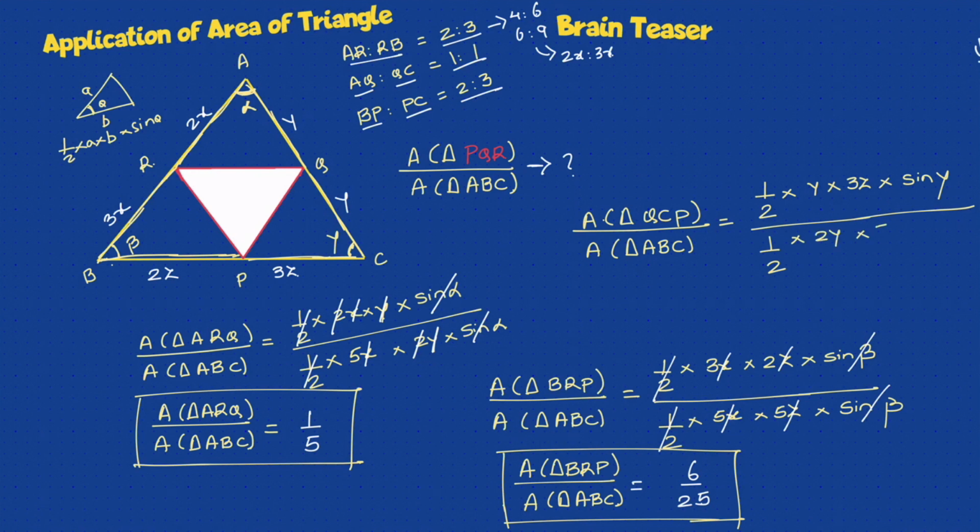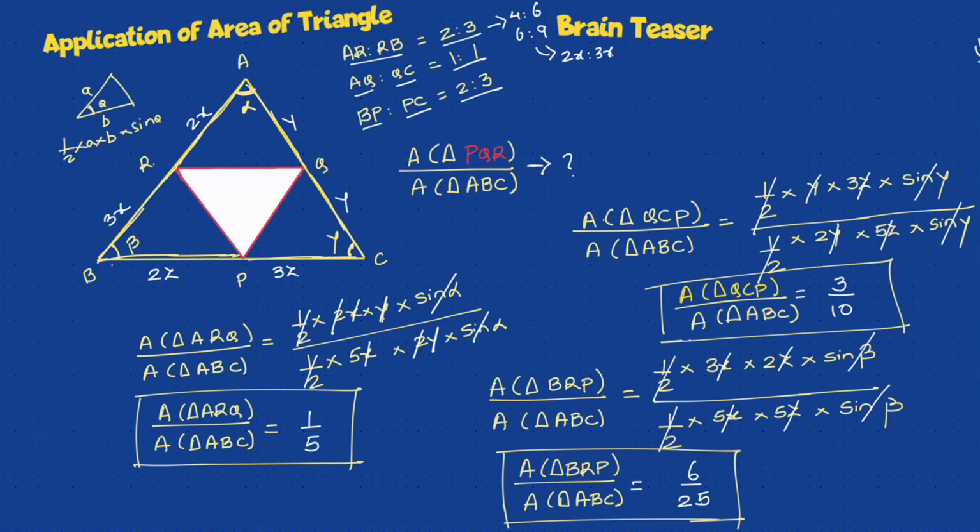Upon half into, if I write ABC, y plus y, 2y, into 3 plus 2, 5z, into again sine of gamma. Everything gets cancelled and I get 3 by 10, which means if the area of triangle ABC is 10, then the area of triangle QCP will be 3.